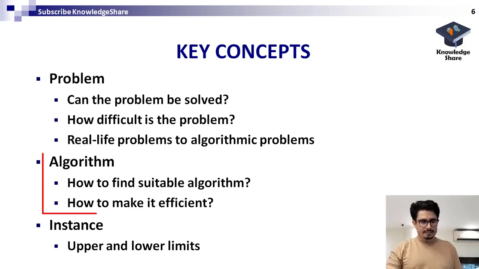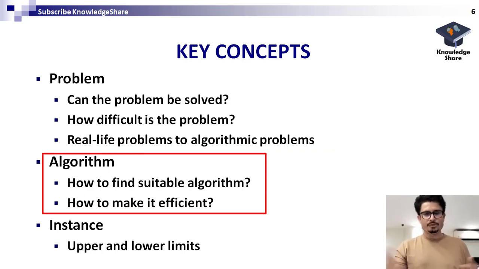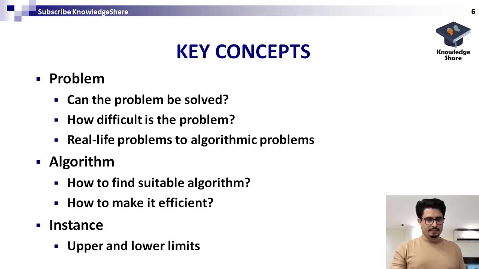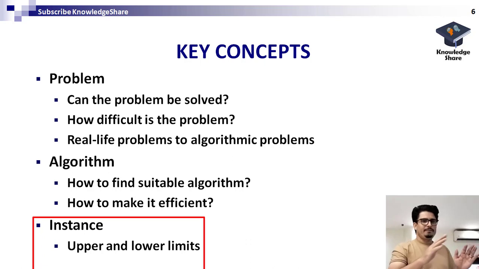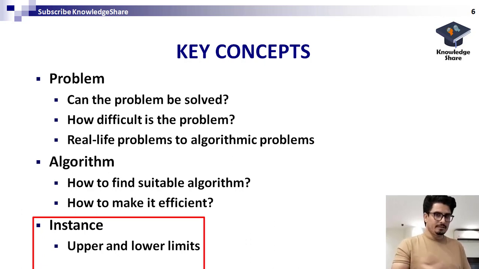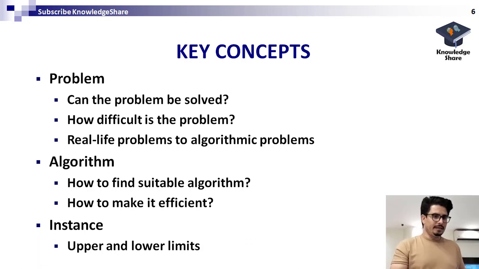So the second one is algorithm: how to find a suitable solution, how to make it efficient. And instances: upper and lower limit. For example, if you have designed a new camera, as a computer scientist you must know the software engineers and developers are working in Android and other frameworks and different languages like Python.